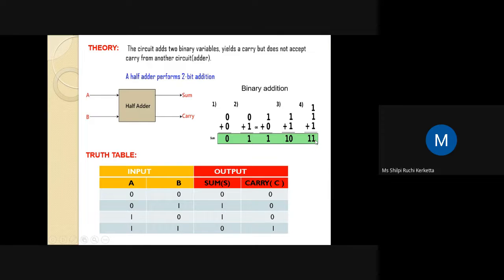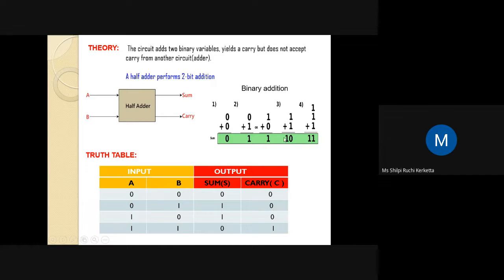So we will get a 3 over here. Okay. So here in binary addition, what we can see, if we add this 1 1, we are getting two terms. So we are getting one carry. Okay. So what we will say that this right hand side part is a sum part, and this is a carry part.